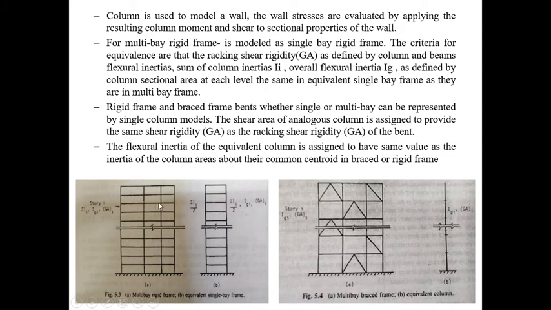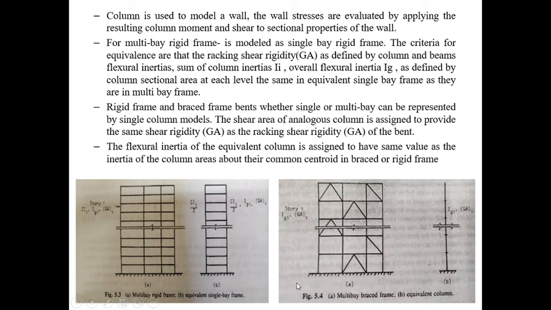So when you represent this multi-bay frame as a single bay frame, as shown here, it will be the summation of I1 by 2 and the summation of I1 to IG1, GA1: the shear rigidity, the flexural inertia and the column inertias. So this multi-bay frame can be represented as a single bay, and the analysis can be continued.